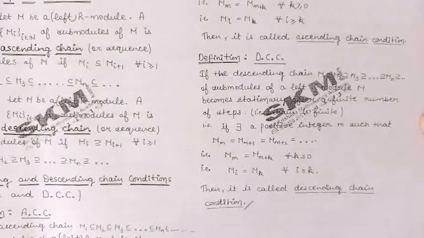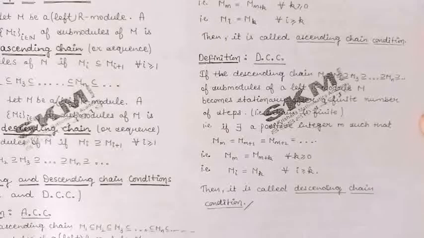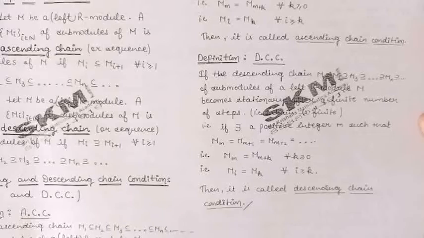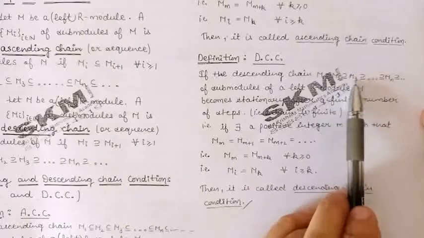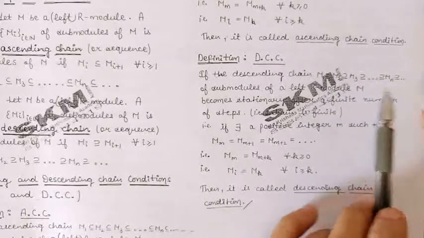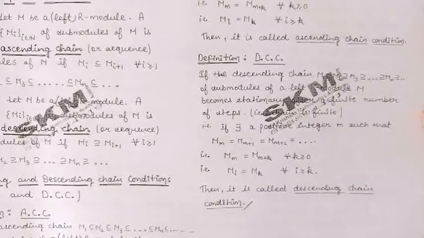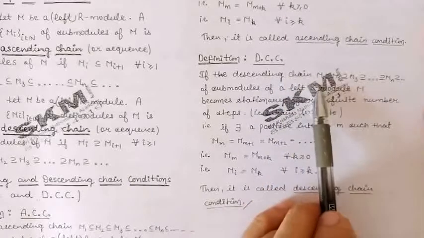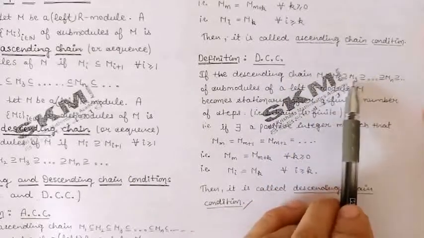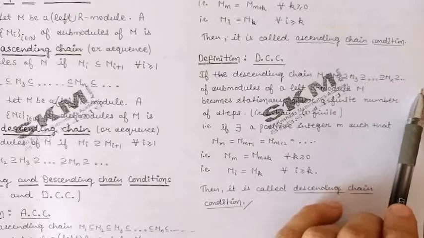In the same way, we can define the descending chain condition. In the descending chain condition, we have a descending chain of submodules of M. M is a left R module. So let us take M1, M2, M3 and so on. These are the submodules of an R module M. And we have a descending chain, M1 contains M2, contains M3, contains M4 and so on.